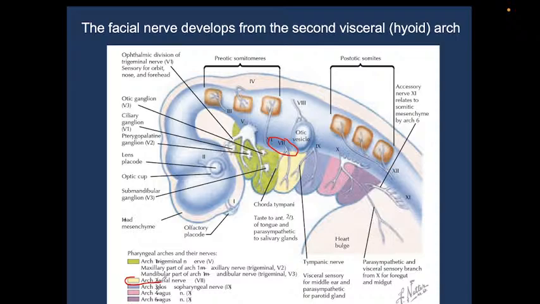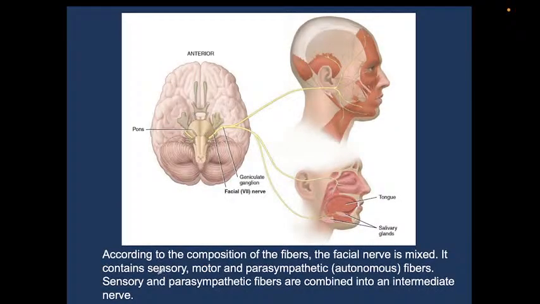Sometimes we call this arch the hyoid arch, and everything that was developed from the second arch is innervated by the facial nerve. That is the picture illustration of the cranial nerve.